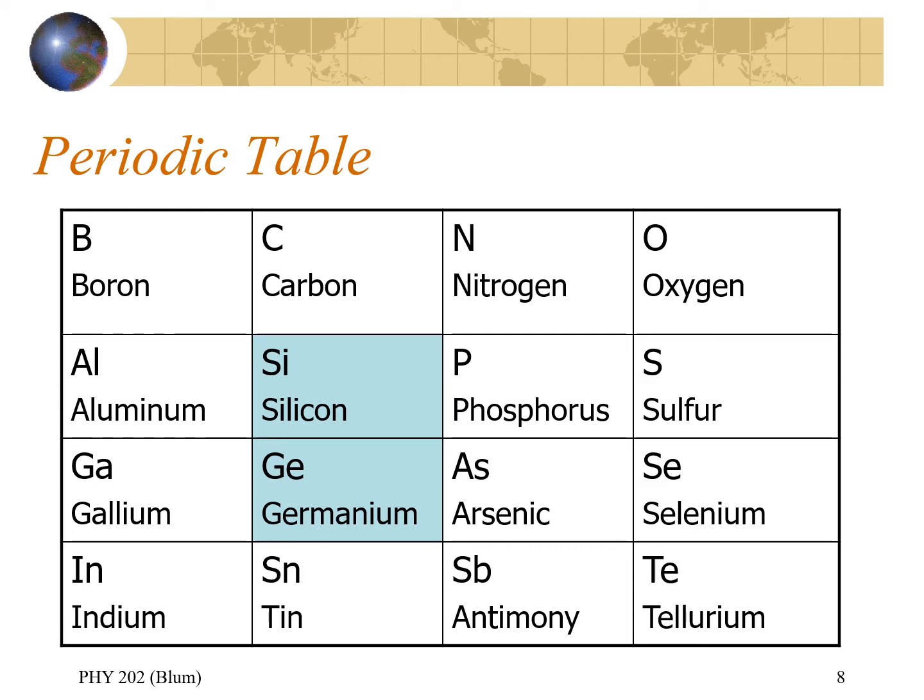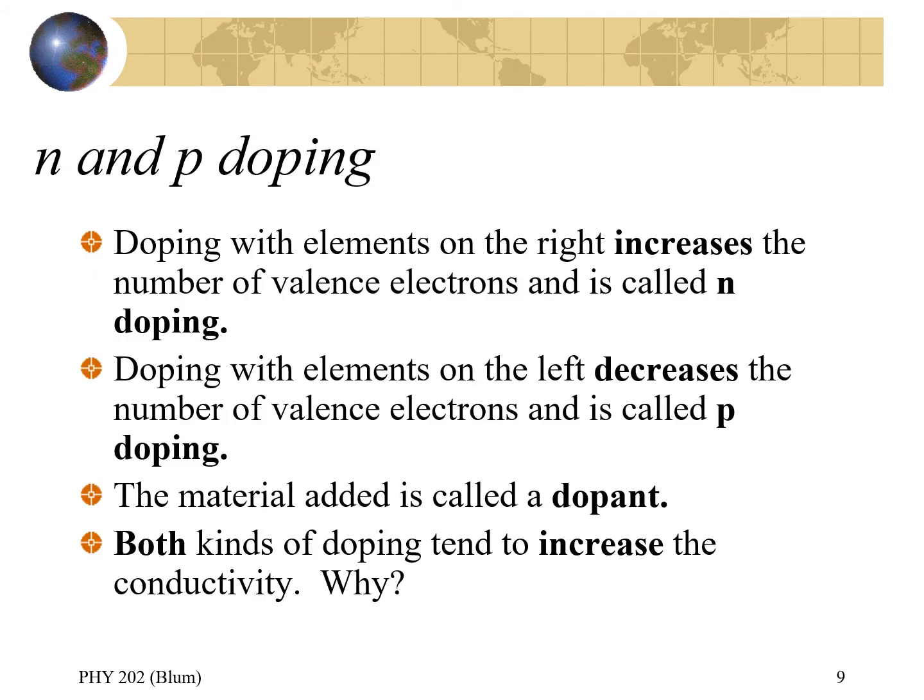Here we're looking at a close-up of silicon and germanium in the periodic table, and we notice some of the neighbors, aluminum and phosphorus on the same row as silicon, gallium and arsenic on the same row as germanium. One of the reasons the periodic table is a useful organization of elements is that elements are largely controlled by the electrons in the outer shell, what we call the valence electrons.